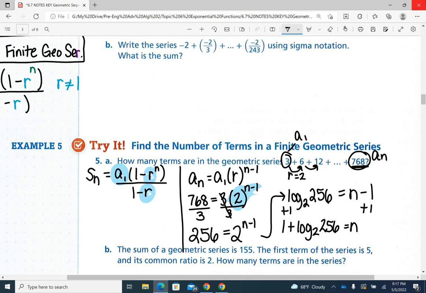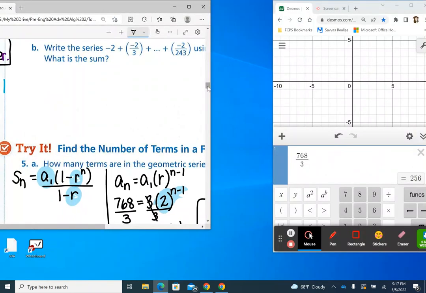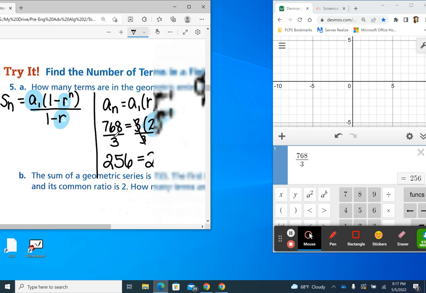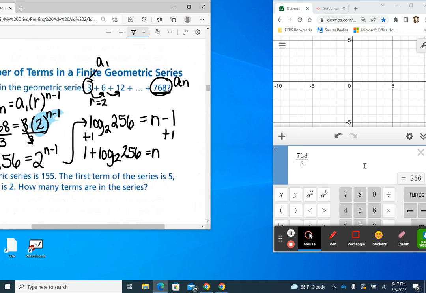I'll type that into my calculator. One plus log base 2 of 256. It's 9. So how many terms are there in the series? There's 9. 9 terms.